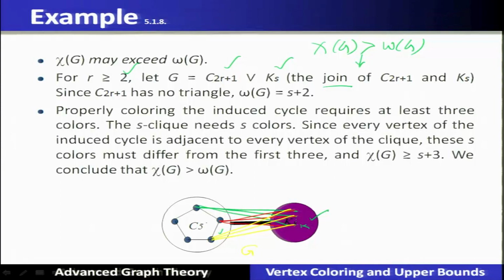Now, here you can see that this is an odd cycle. How many colors does it require? 3 colors, and Ks requires s colors. So, obviously, the chromatic number of this graph will be at least s plus 3. Hence, we conclude that in this scenario chi of G is strictly greater than the size of the clique.